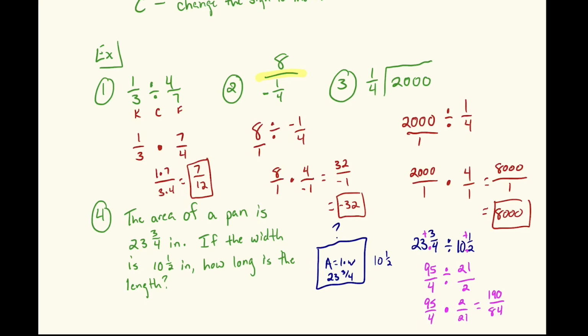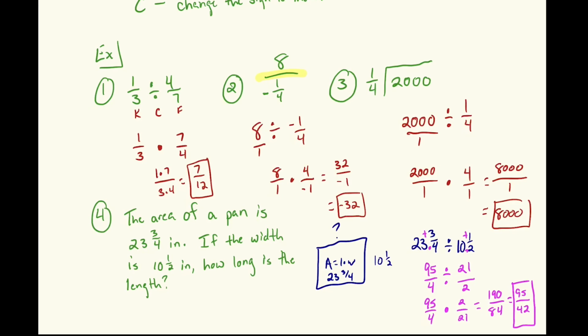Now, 190 over 84 can be reduced to 95 over 42. And then now we try to think and see if 95 and 42 can be reduced anymore. It can't. And so this answer here would be your final answer.